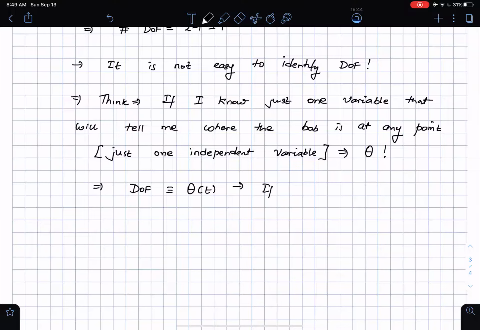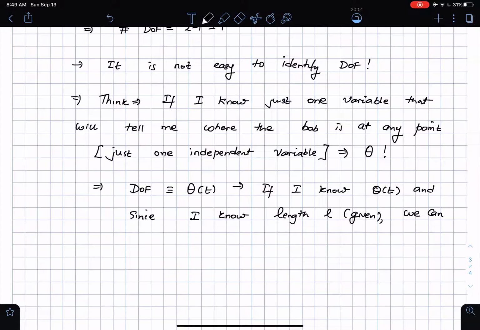That is, since I know length L given, we can obtain the position of the bob at any time instant.